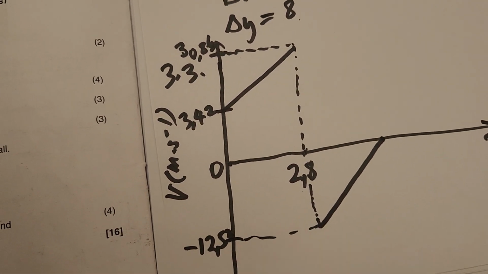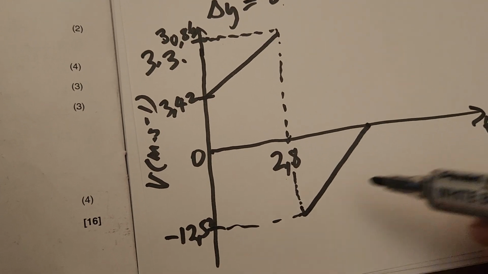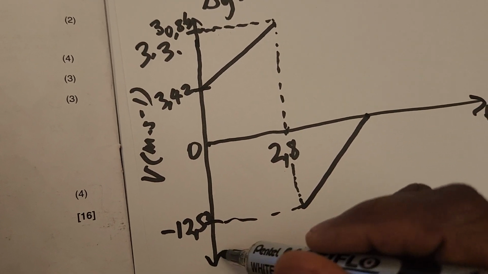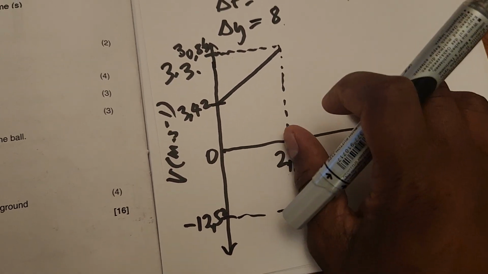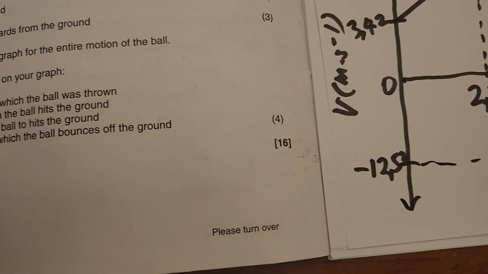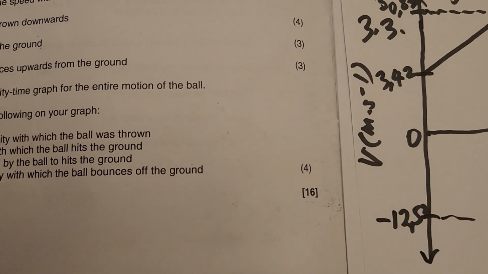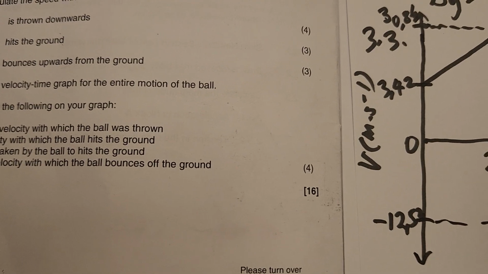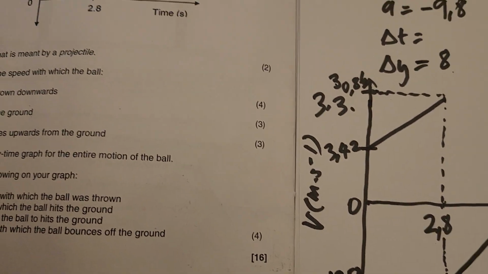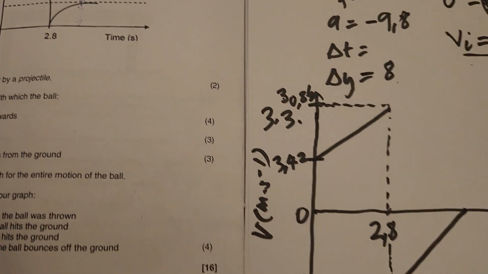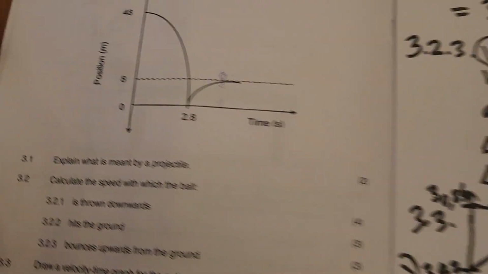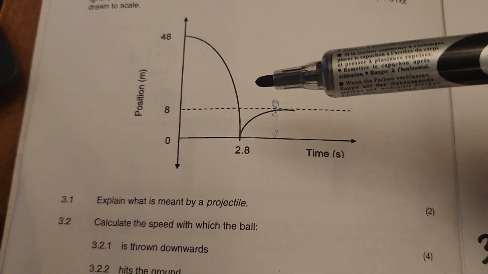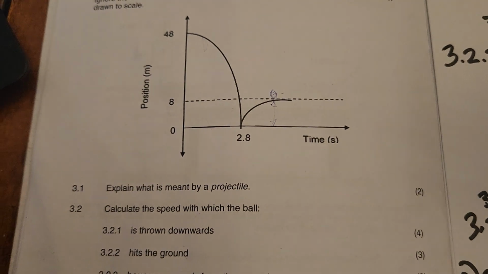And the last one is the velocity with which the ball bounces off the ground, that is negative 12.52, so we are done. That's all the marks here, 4 marks. Very important when you are drawing a velocity time graph, know that it is a straight line. A position time graph is a curve. Remember, it follows the path.